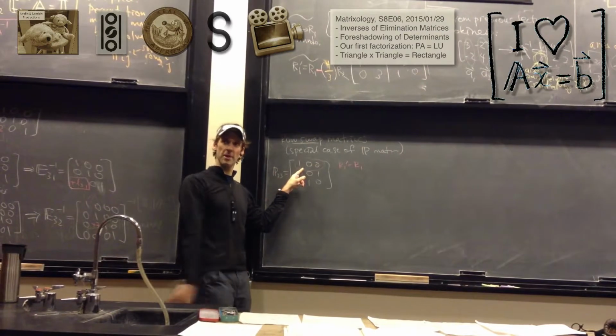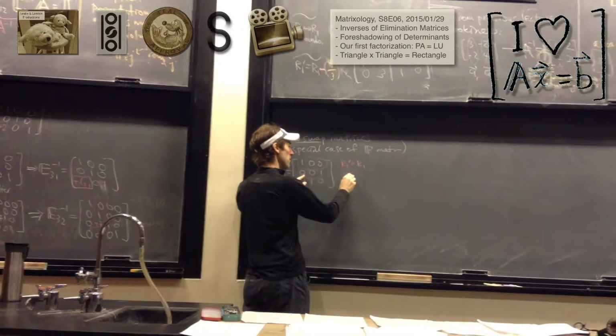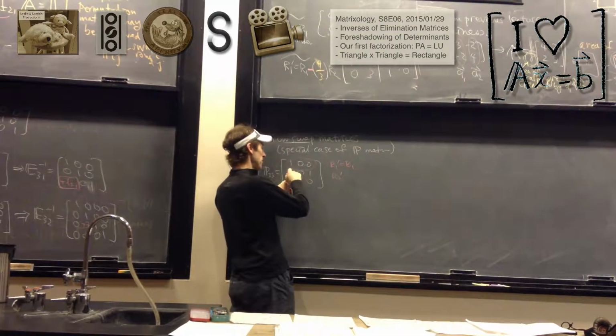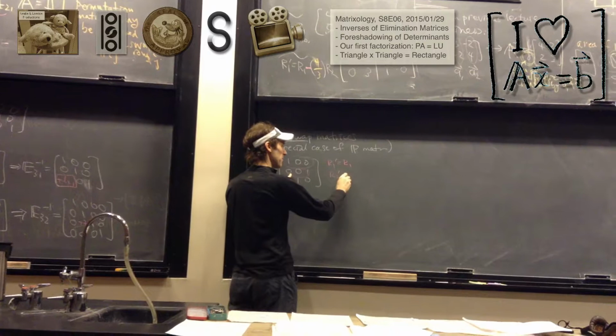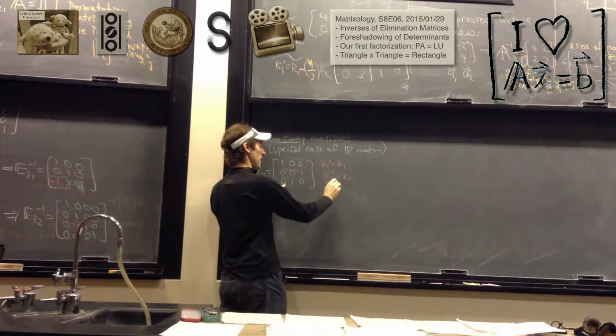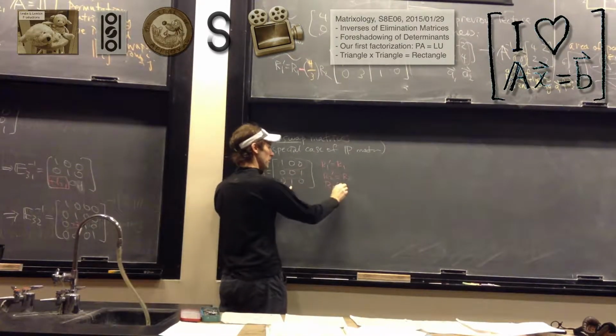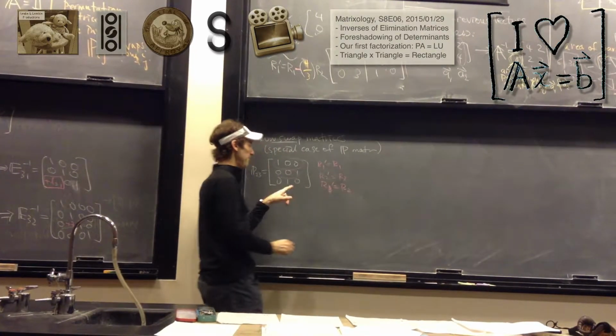It's giving us information there. We didn't write that down before, but we are. Now, this is saying row 2 prime, the new row 2, is 0 of row 1, 0 of row 2, 1 of row 3. So it is row 3. And the new row 3 is 0 of row 1, 0 of row 3, but it's all of row 2. So this is a direct swap.